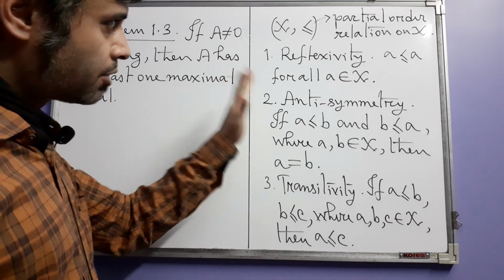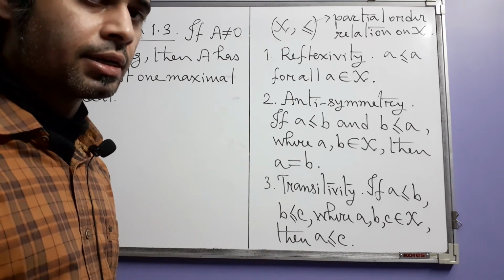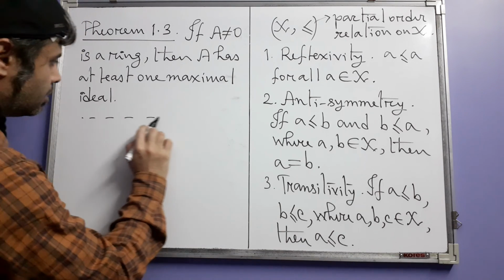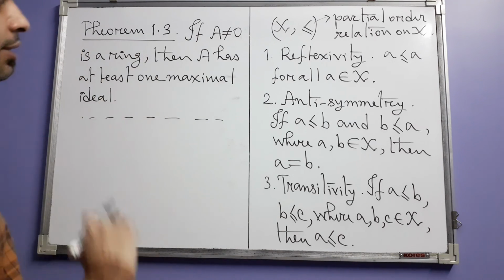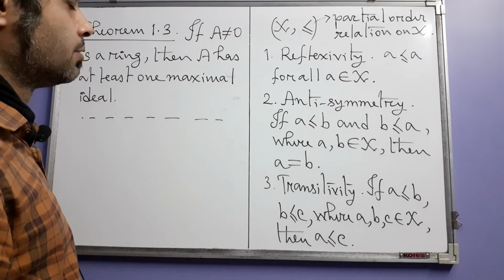Zorn's lemma is about such sets. Now we need a few other things as well. Suppose you are in a partially ordered set like X with that partial order relation.